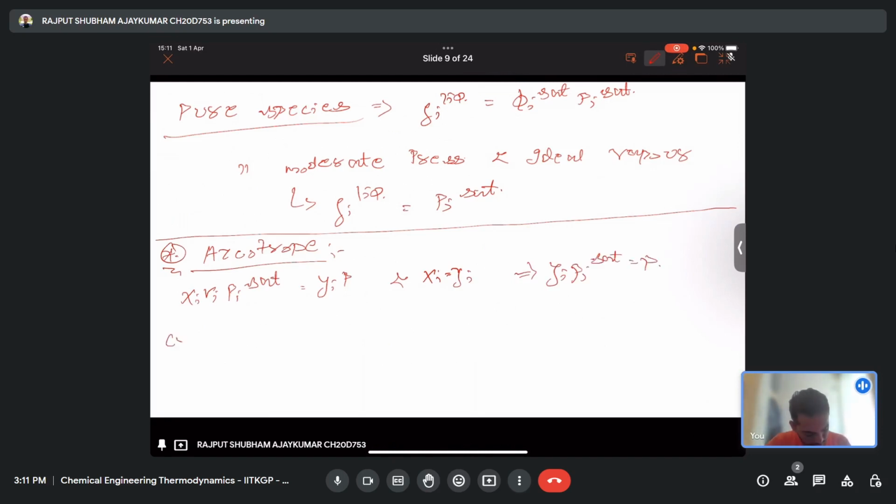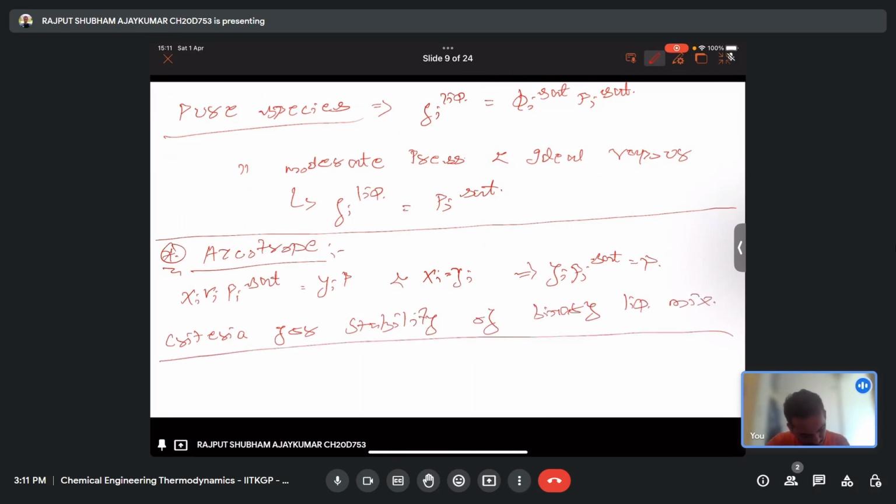Now there is the criteria for stability. What is this criteria actually?